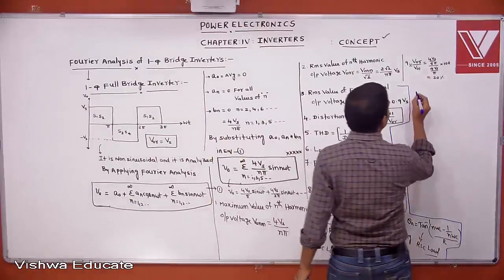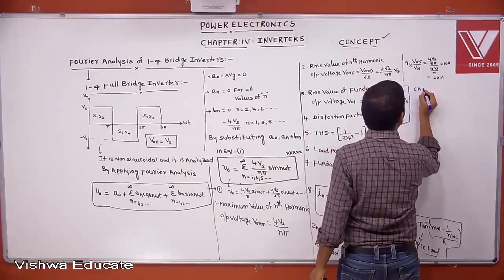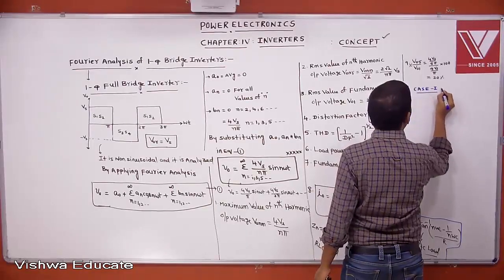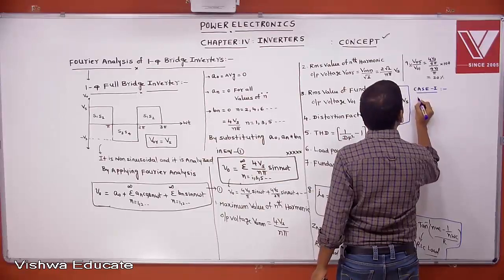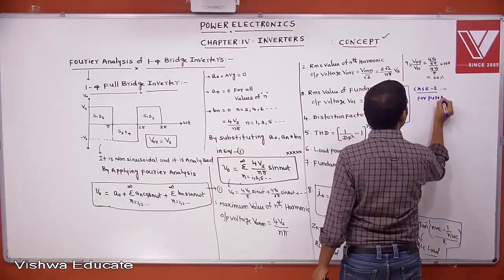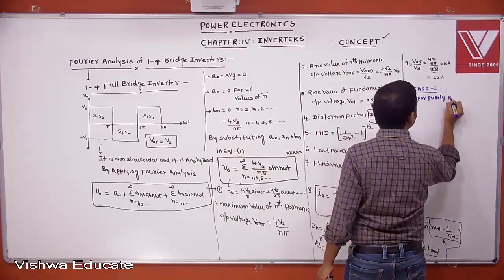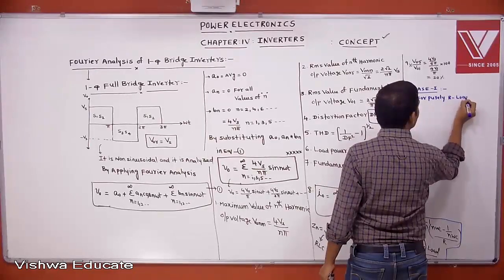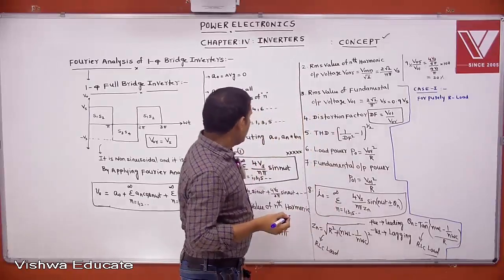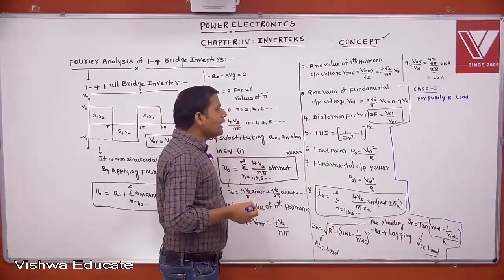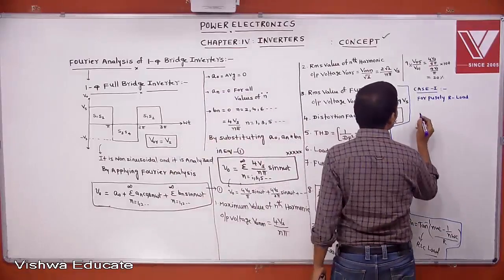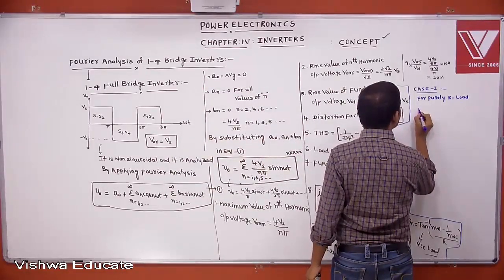Let's see. Case 1: for a purely R load, purely resistive load. How to write the nth order harmonic current?